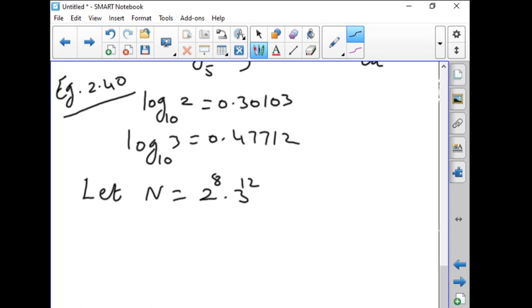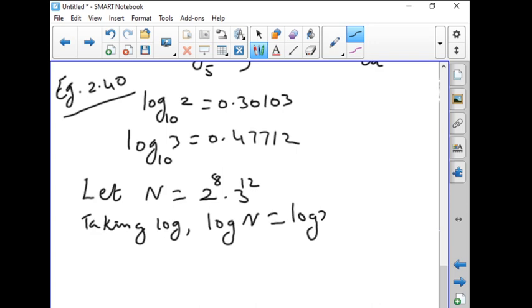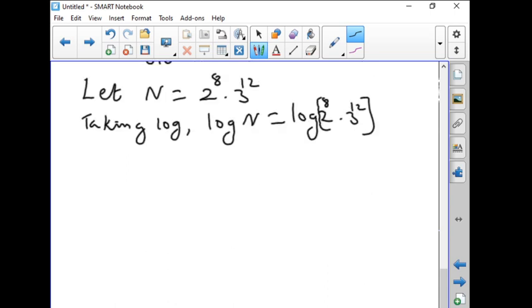So, take log both the sides. So, taking log both the sides, we get log n is equal to log of 2 power 8 into 3 power 12. Now, we are going to use product rule in the right hand side.